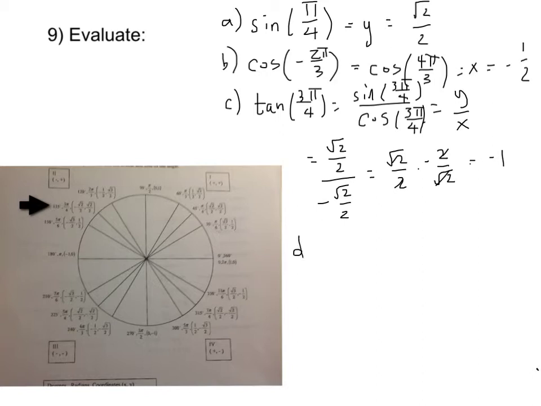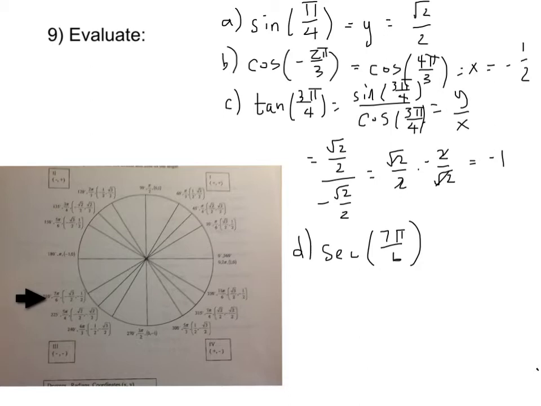For part D, we're being asked to find the secant of 7 pi over 6. And if you look at our picture, we can find the angle 7 pi over 6 is a little bit more than pi. So we're down here at this 210 degrees right here. You can kind of see that a little bit.